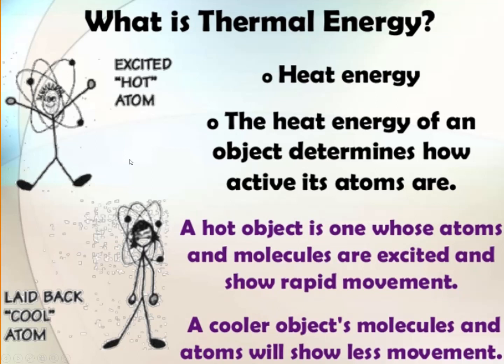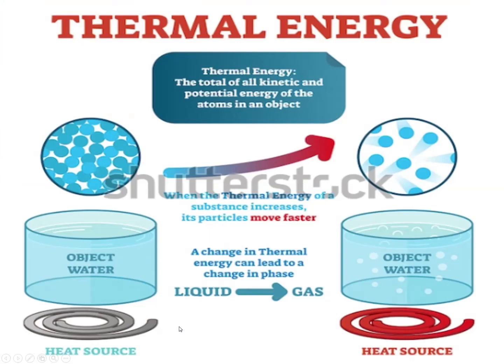See the examples here. When the atoms are hot, they get excited, meaning they start moving faster. And when they are cooler, they are laid back and calm. Thermal energy is the total amount of all kinetic and potential energy of the atoms in an object.